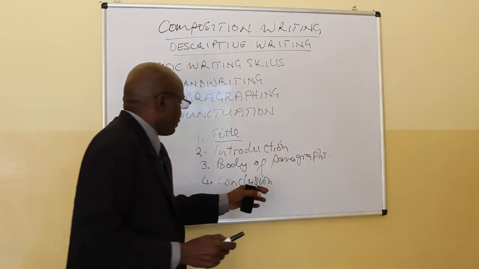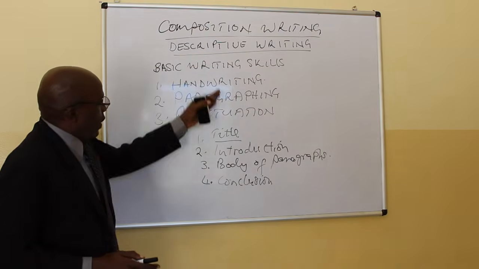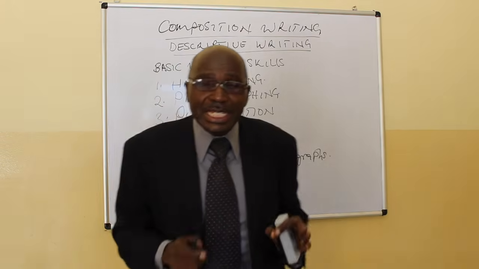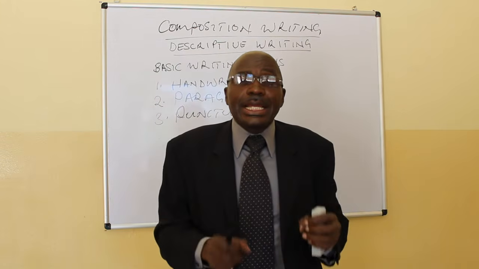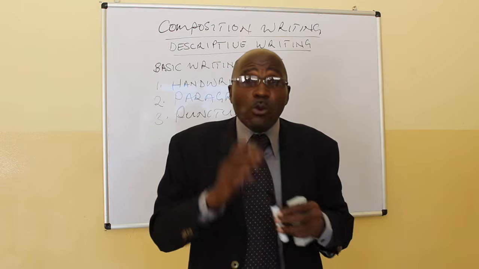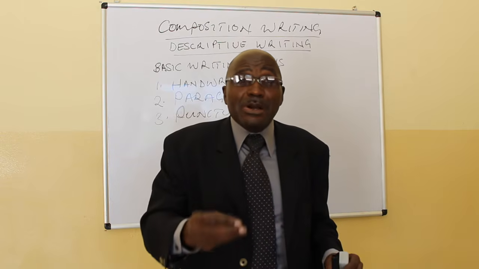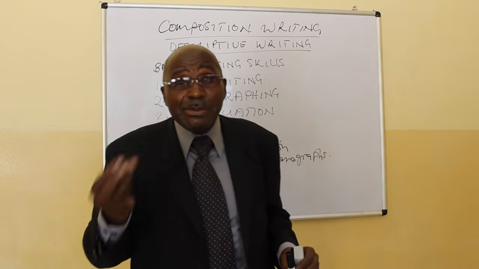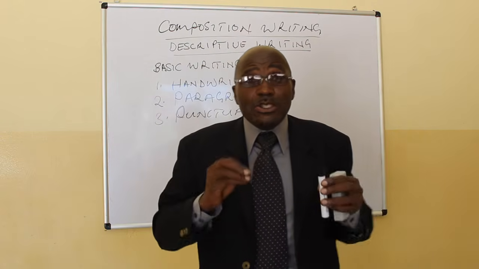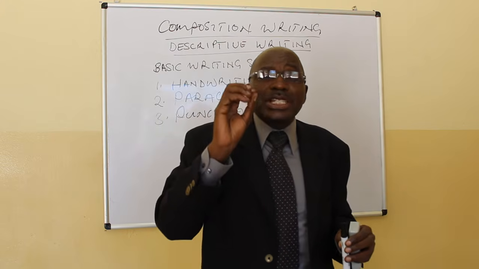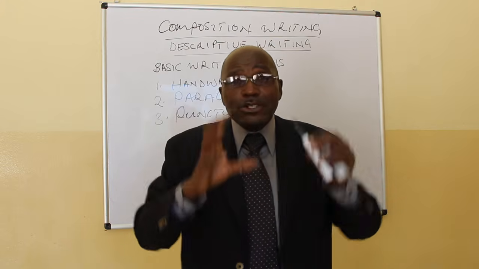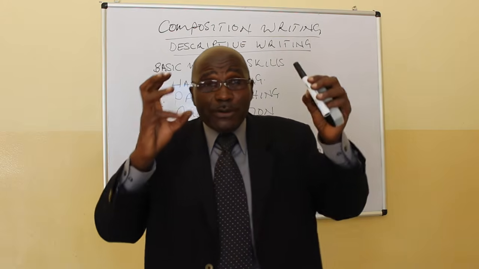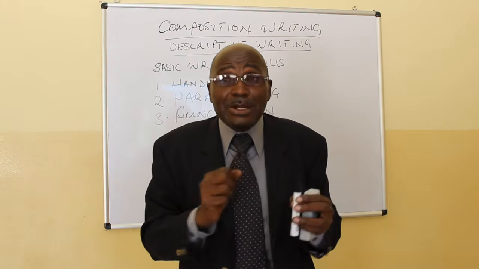Now, when you are talking about descriptive writing, like we said, it is a type of composition where we talk about a thing, an object, an idea, an animal, or an event, and so on. It is a composition where you try to bring out the color of what you are writing about.